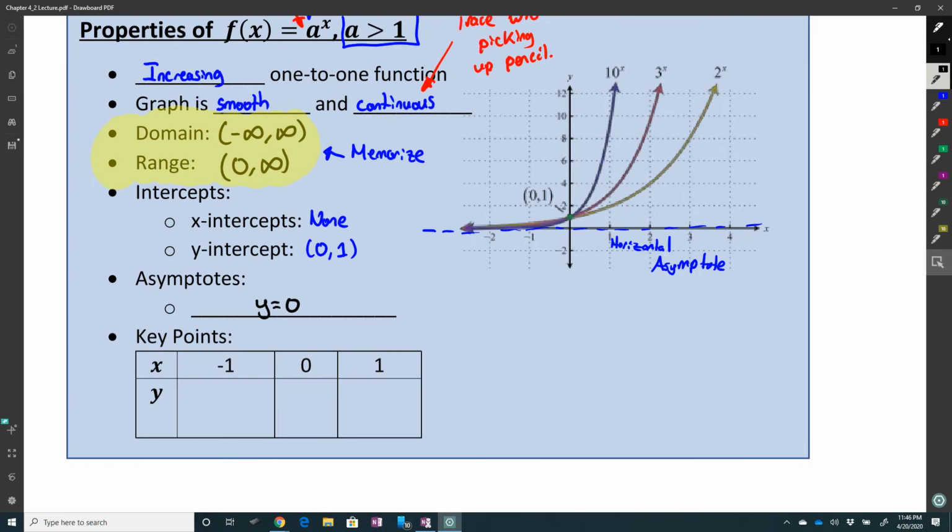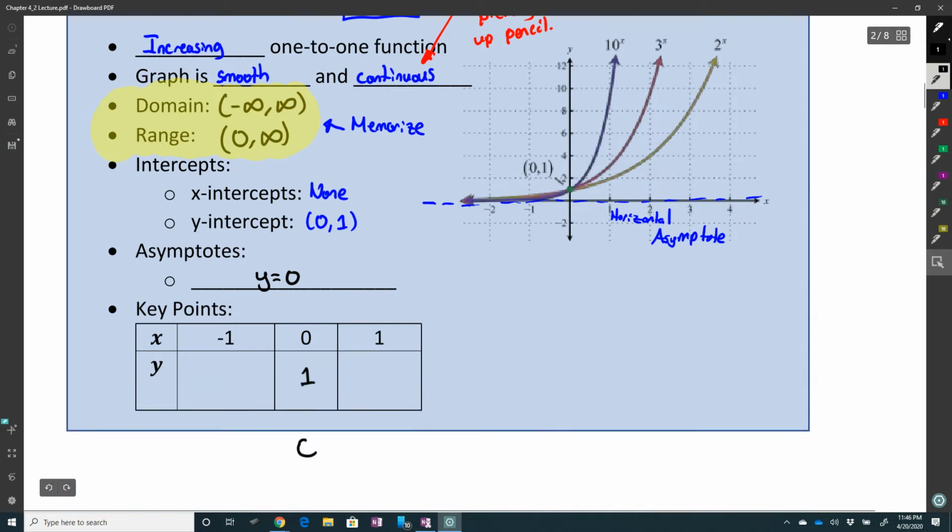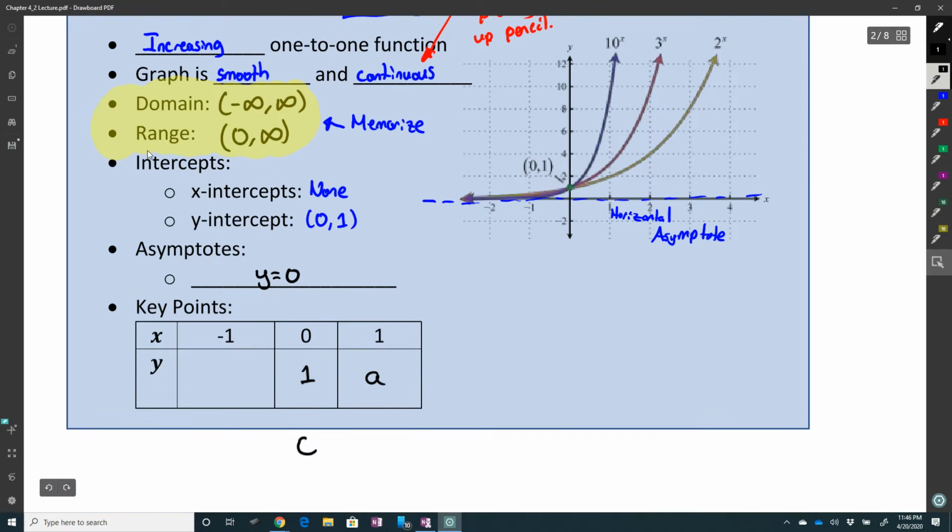And my key points are: at 0, it's 1, or in this case c. At 1, it's a. And here this is 1 over a.